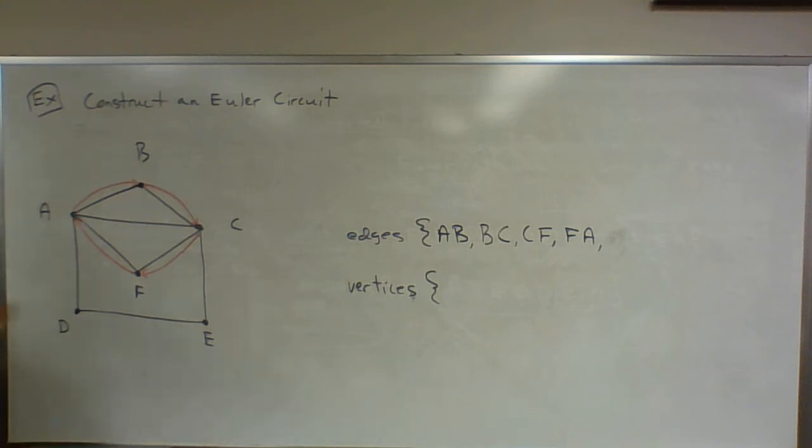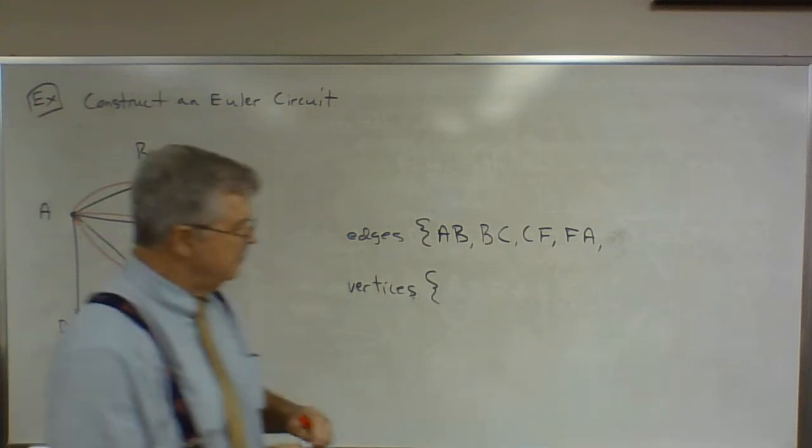And there's only one way I can go. There's only one way I can leave vertex A and travel across an edge that hasn't already been passed through. I have to go across this edge, which I will do. And I've got edge AC covered.